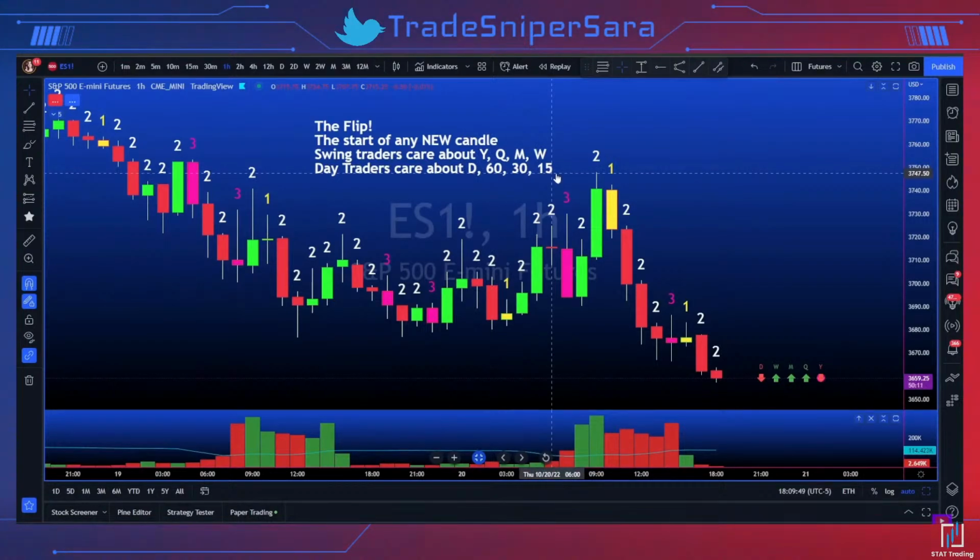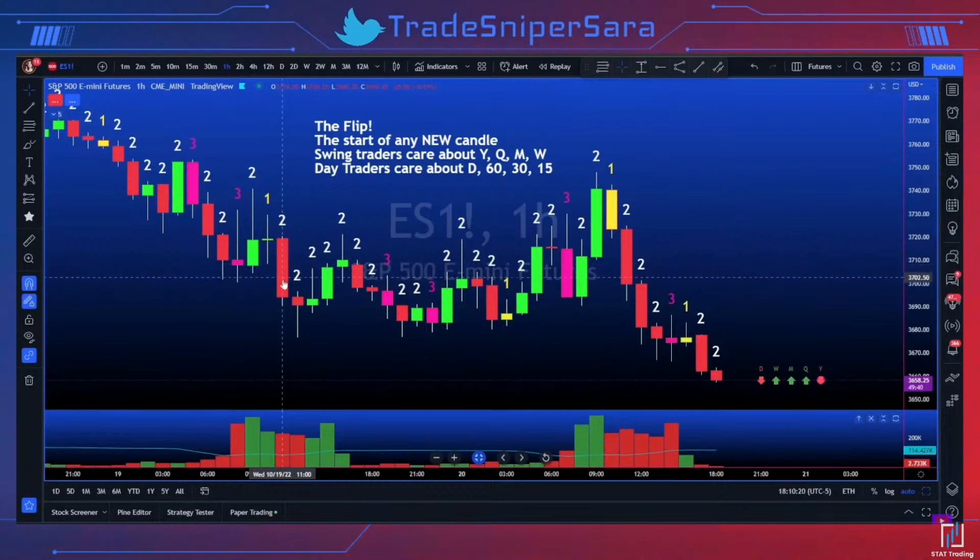And why do we care about the flip? Well, as we learned in lesson 2, a new flip can bring new time frame continuity, and we want to be aware of those things. So here we have an hourly chart of the ES Mini, and you can clearly see by just looking at each of these candlesticks what they're doing on each hour.